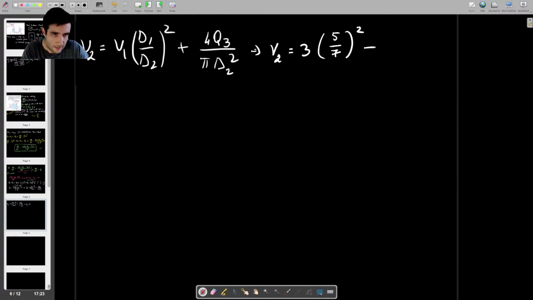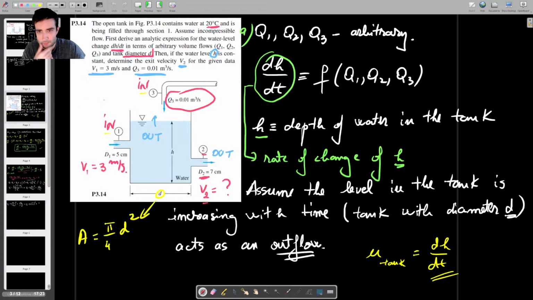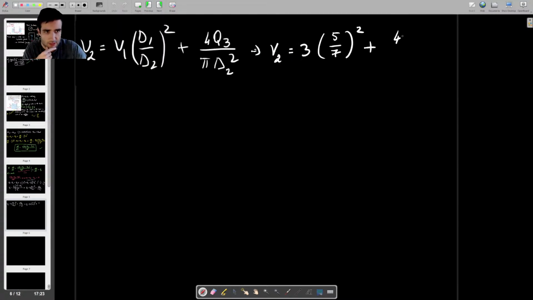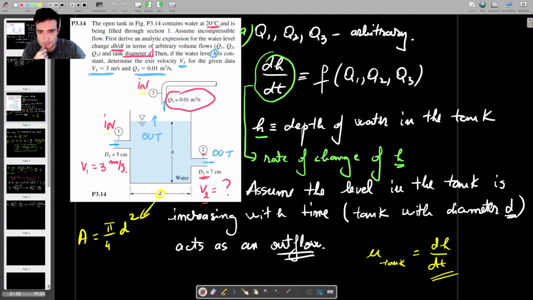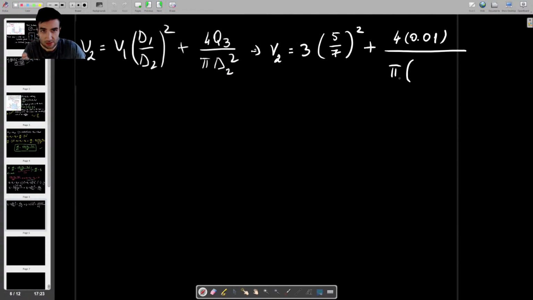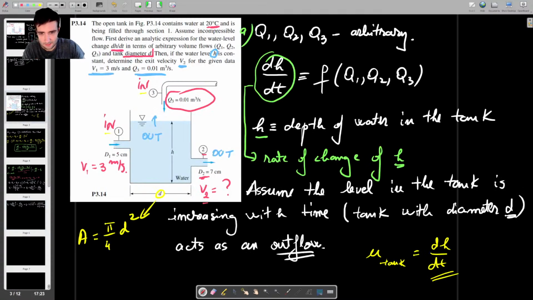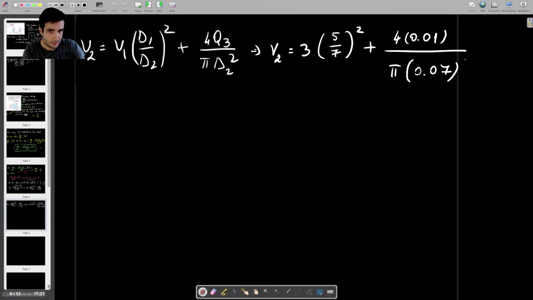Plus 4Q3, and Q3 is 0.01, and then D2 is 7 centimeters. So now I'm going to convert to the right units: that's 0.07 squared.